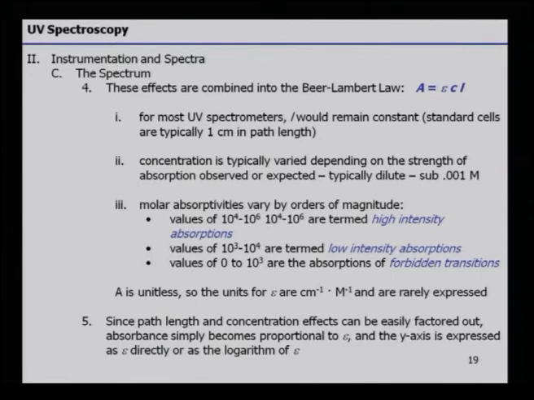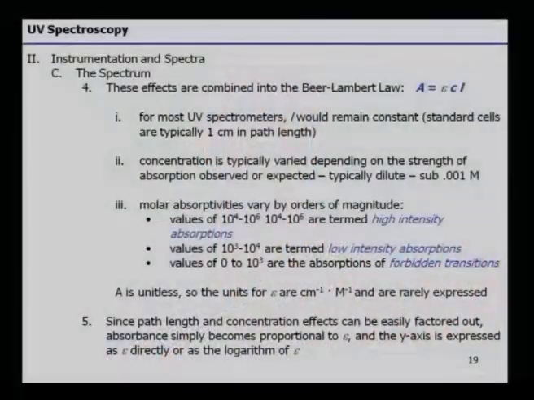A is unitless because absorbance is a ratio. It is not represented by any unit, but the molar absorptivity, epsilon, has units of centimeter inverse and mole inverse, and that is rarely actually expressed.